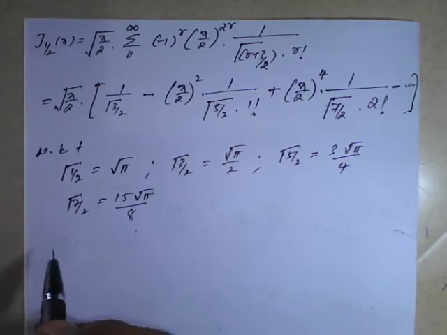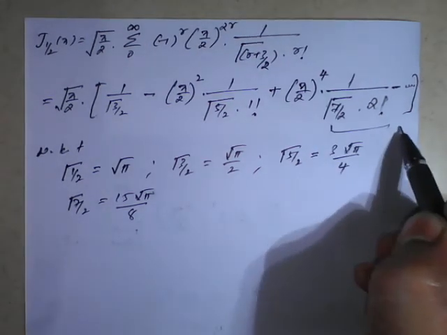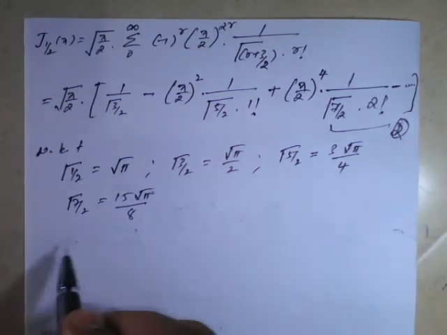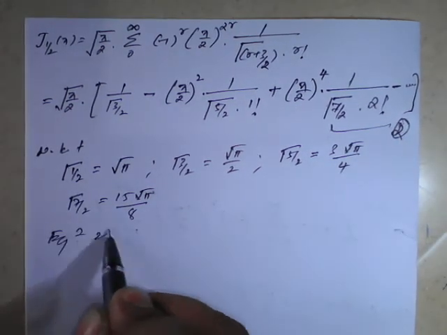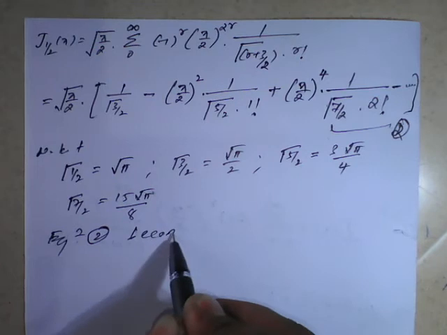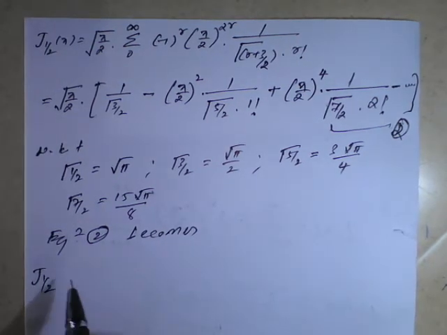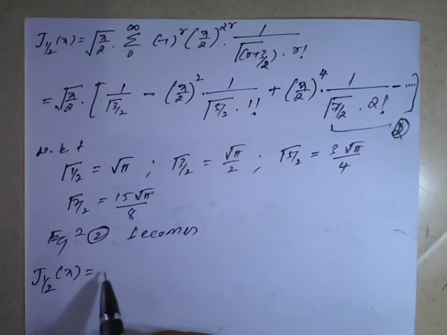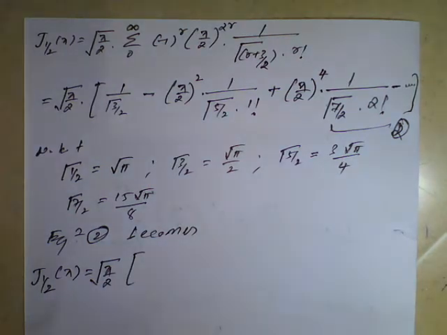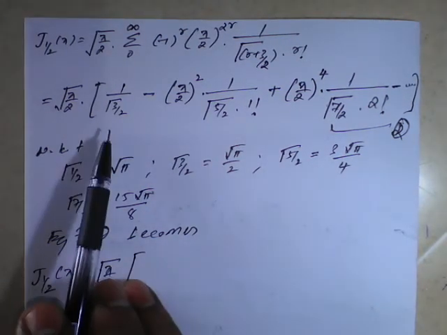So therefore our J, I will give equation number 2. Equation 2 becomes, that is J half of x is equal to square root of x upon 2 bracket 1 upon gamma of 3 by 2.